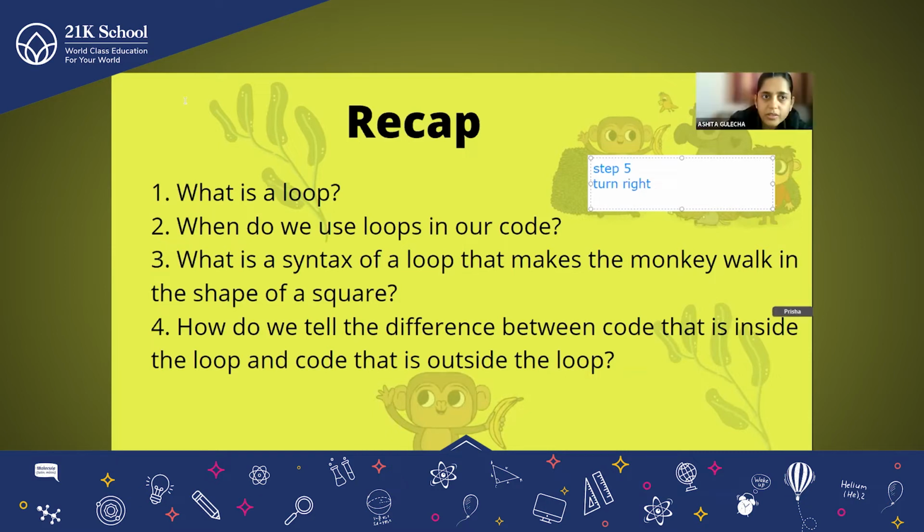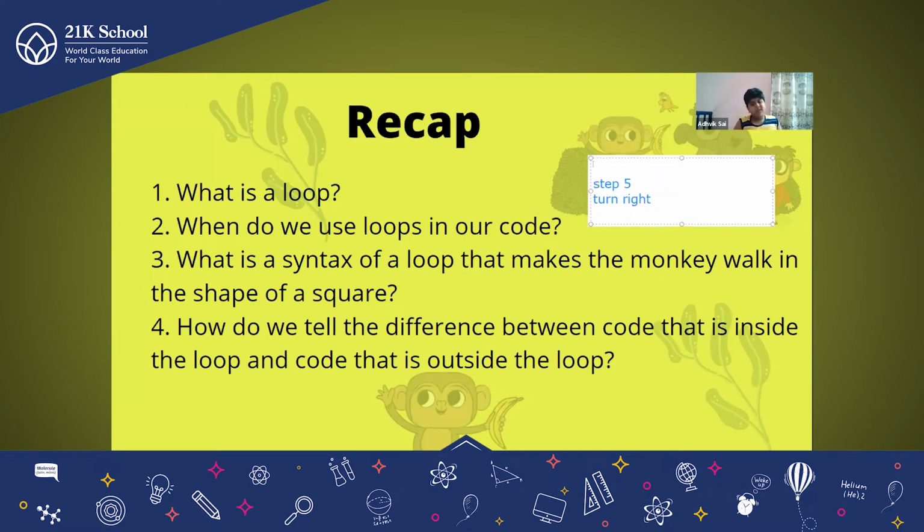Anybody else who wants to help Trinayana? Yeah, Advik, you want to help? Yes, ma'am. First one, step 5. Turn right and 3 times, and it will go like again. It's 3 times only. So how do we write?